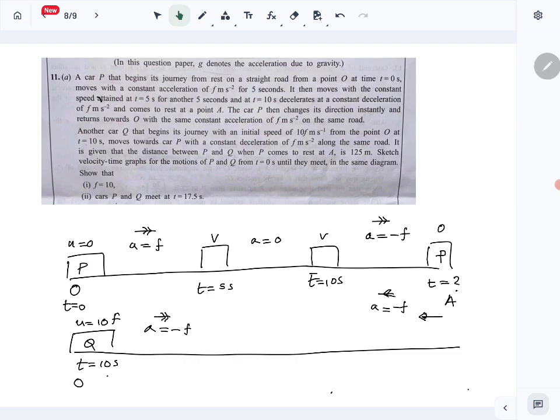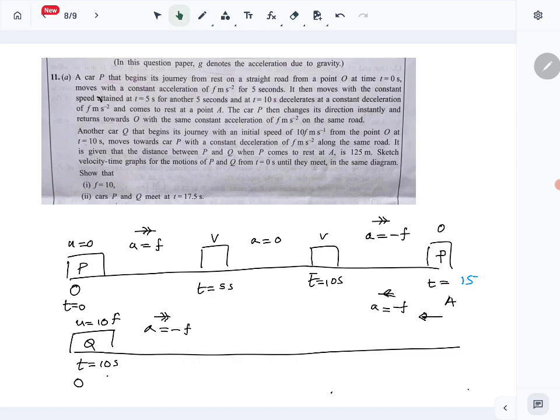Now we have to show what f is, 10, right? So for that we have to use this. What is this? It is given that the distance between P and Q when P comes to rest at A. So this time also we found this time is 15 seconds.